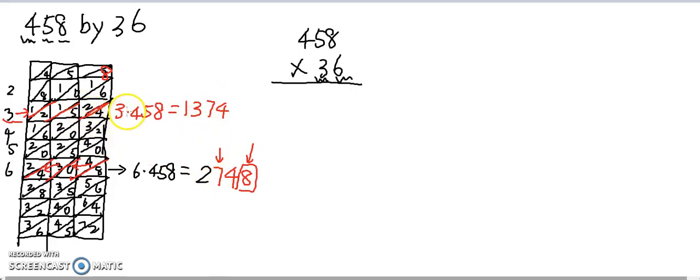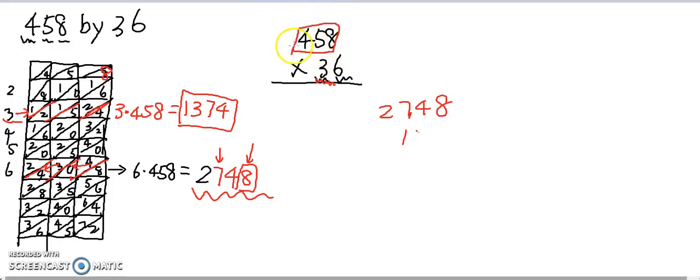But when we add them, notice that we have a 30 instead of just a 3. So when we write down this number, we have to move it to save space. So let's first copy down this 2,748. When we multiply 458 times 6, we get 2,748. When we copy down this, because we're missing a 0 here, actually there should be a 0 at the end.